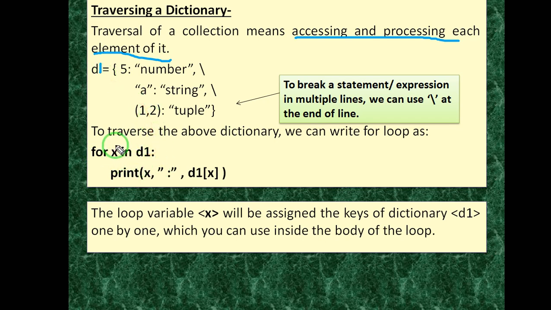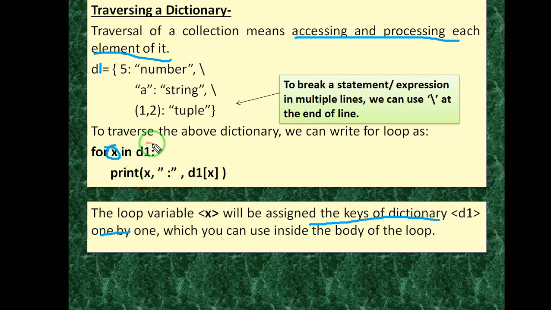This x over here is known as the loop variable. The loop variable x will be assigned the keys of the dictionary one by one, which you can use inside the body of your for loop.